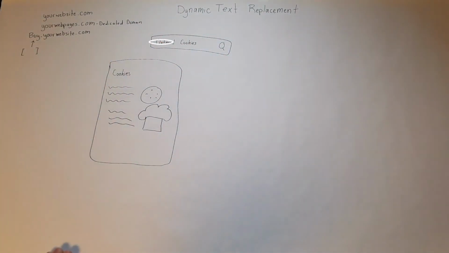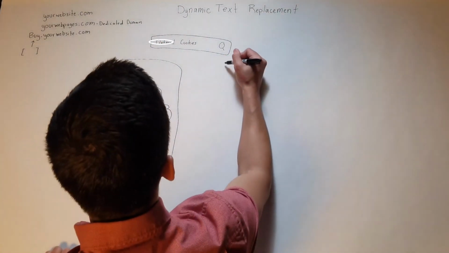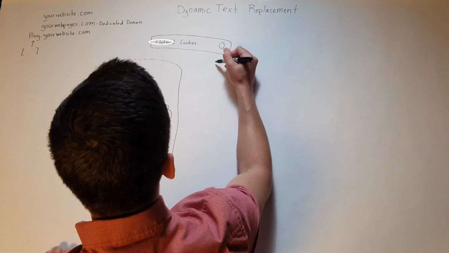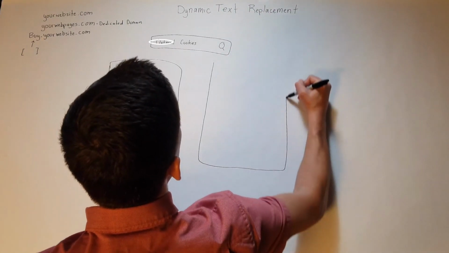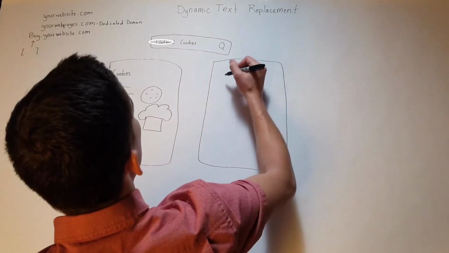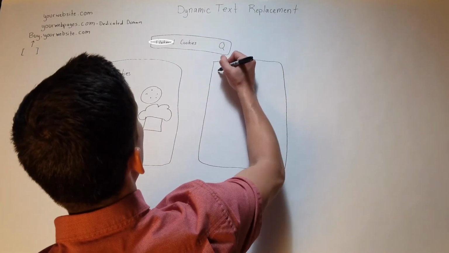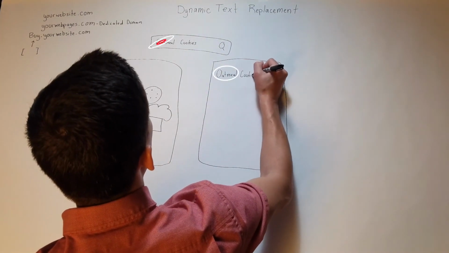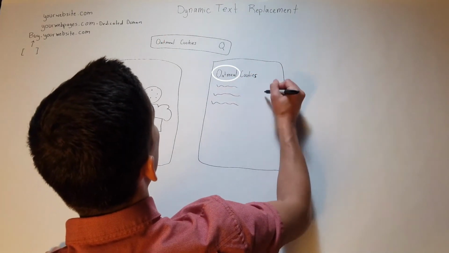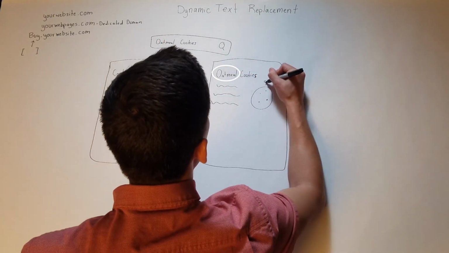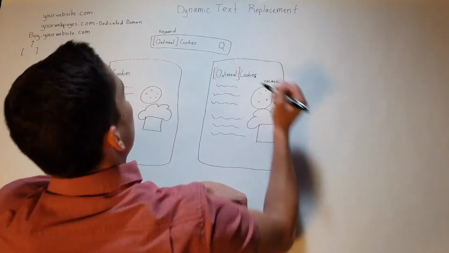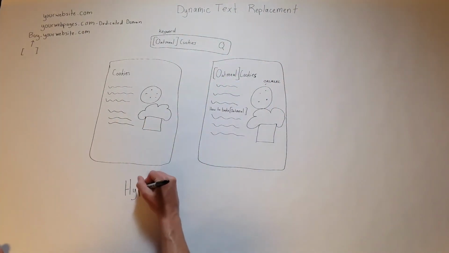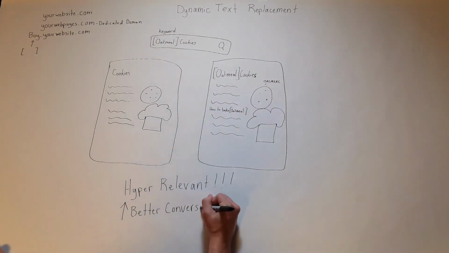Well, you can set up a simple tracking code in your Google Ads so that when the keyword oatmeal is detected, your landing page copy changes the title of your landing page to oatmeal cookies specifically. You can even take it a step further and change the text in the landing page, so instead of writing about baking cookies, you can write about baking oatmeal cookies and have that hyper relevancy so that people have a better experience on your landing pages.